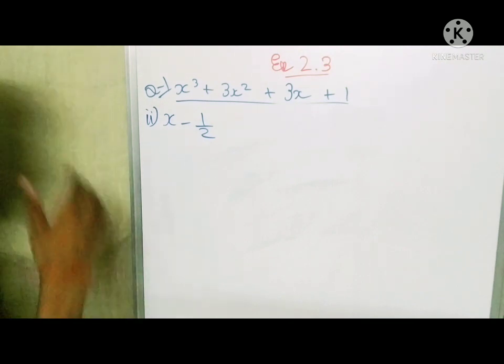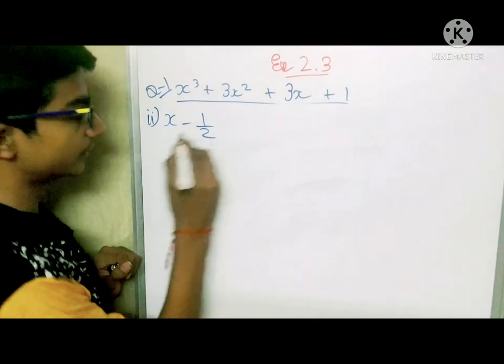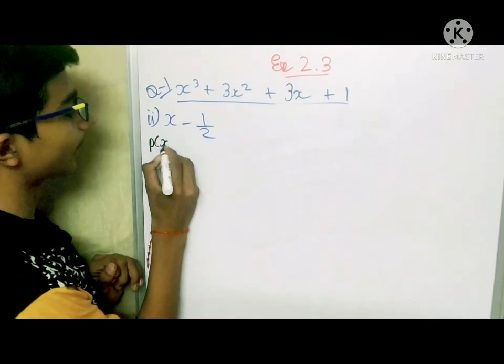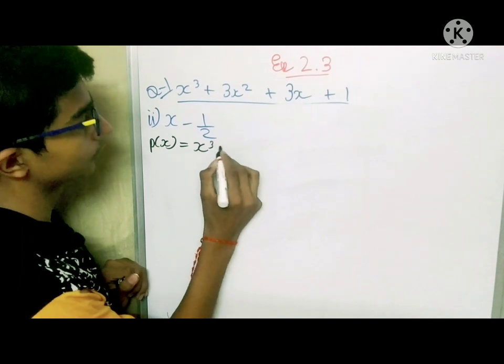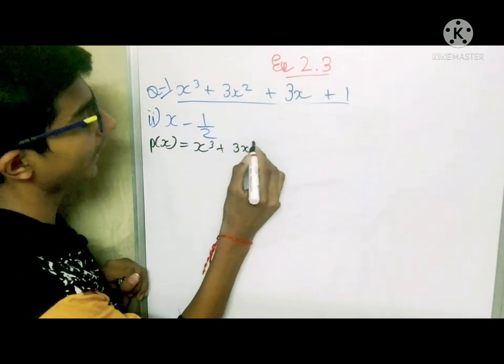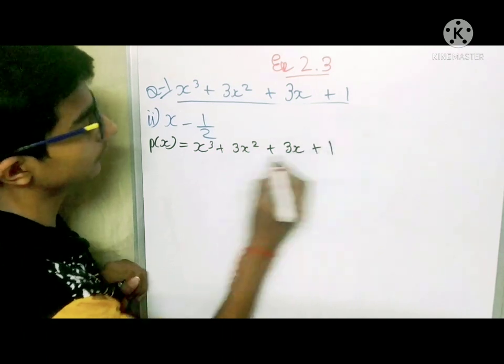Here we are getting a fraction. So first of all, remember the steps. We have to write the polynomial, that is x cube plus 3x square plus 3x plus 1.